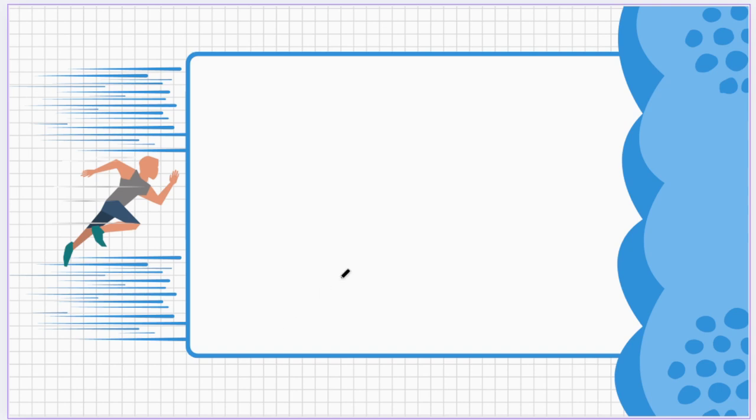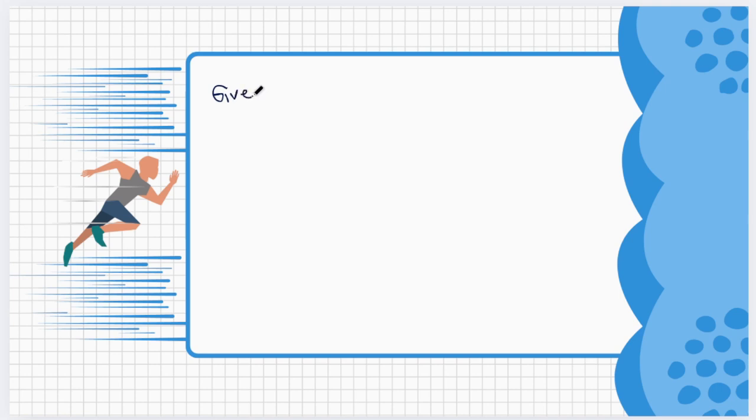Okay, so we have, given: sabi doon, nag-run po yung person ng 100 meters. So dt, the total distance, is 100 meters, while the total time to cover that distance is 30 seconds. So, anong hinahanap natin? We are looking for the average speed.